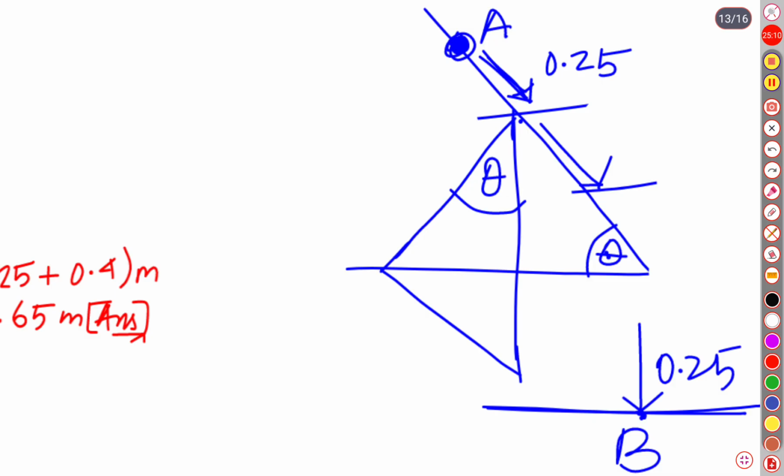They told us until it comes to rest. There was a string like this, but whenever B touches the ground, the string is not taut anymore, it is slack. At one stage A stops moving downward.